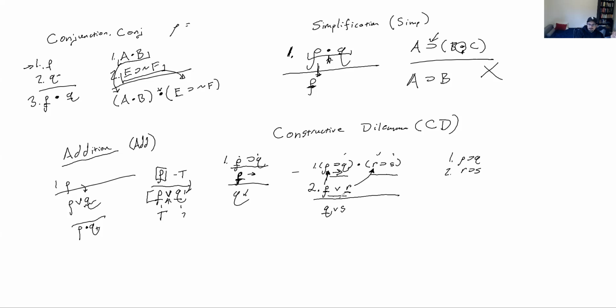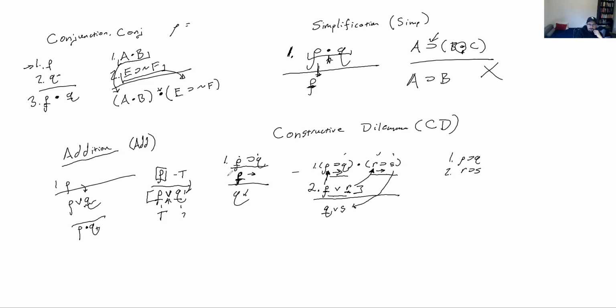Maybe R is true. If P is not true, then R must be true. And if R is true, then S is true. That's our S. So in other words, if at least one of these is true, if either P is true or R is true, then it also is the case that either Q is true or S is true.